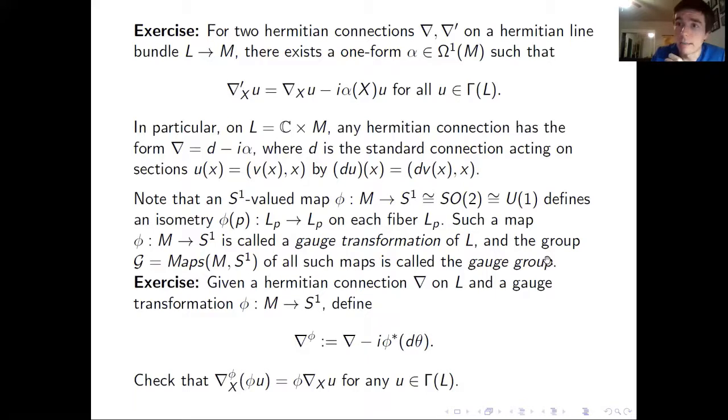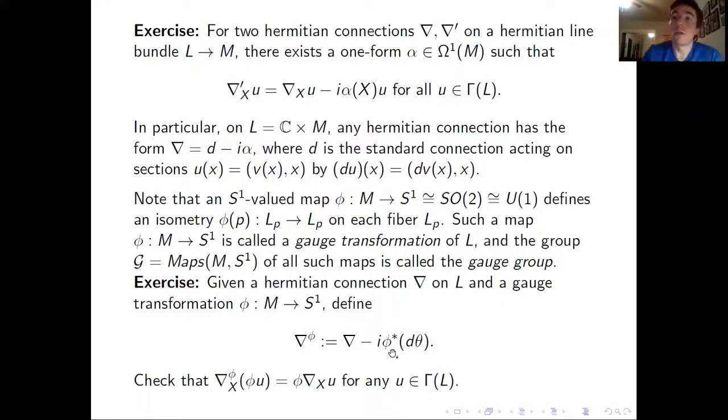So exercise: given a Hermitian connection nabla on L, and given a gauge transformation, so some map phi from M to S1, define a new connection nabla upper phi to be nabla minus i times phi star of d theta, so the gradient one-form of this S1 valued map. Okay, and then you can check that nabla phi acting on phi u is exactly phi times nabla u for any section u in gamma.